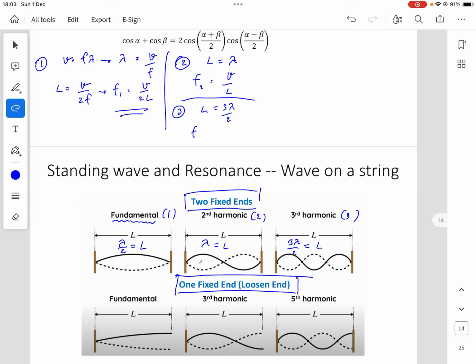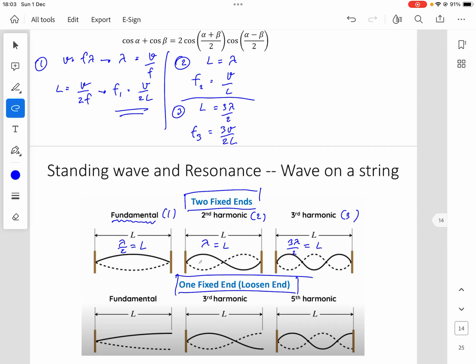This is L, sorry, it looks like N somehow. For the third case, we get f3 equal to 3v divided by 2L.